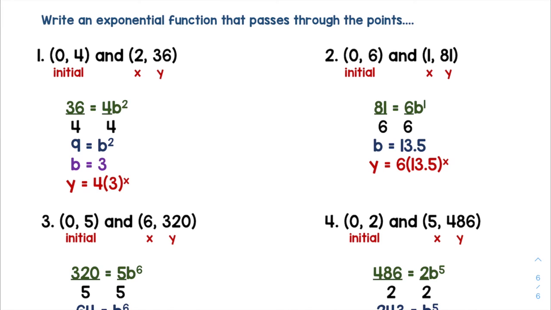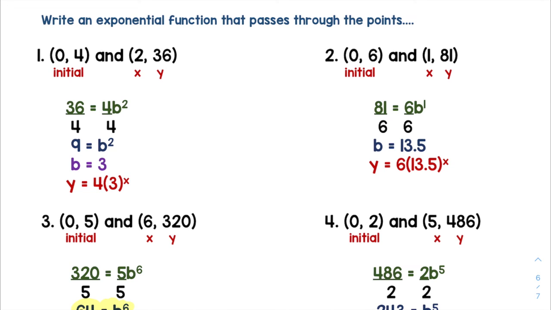Here are your answers from problem 3 and 4. Problem number 3, we're left with 64 equals b to the 6th, in which you want a 6th root of both sides. The 6th root of 64, or the number times itself 6 times which is 64, is 2, in which we could then write our exponential function.